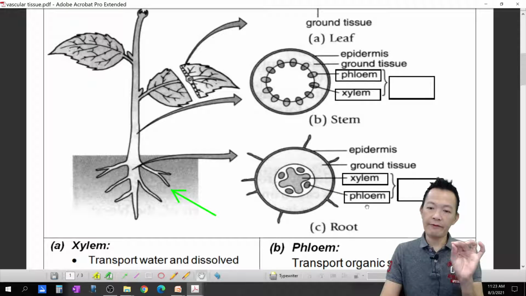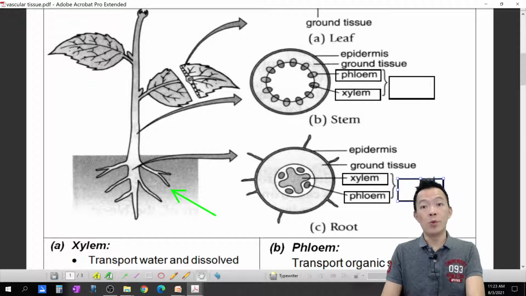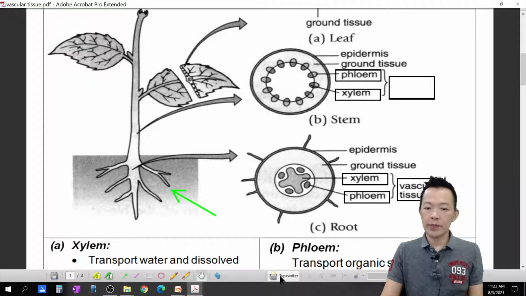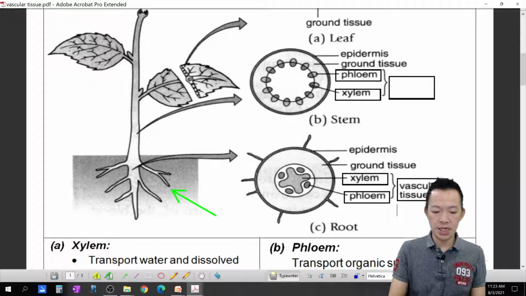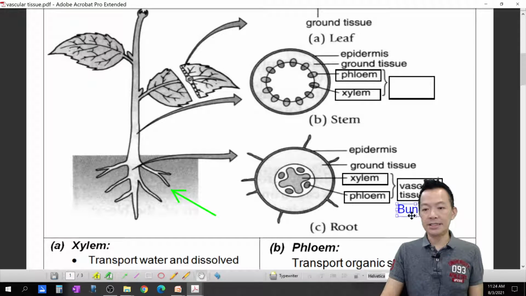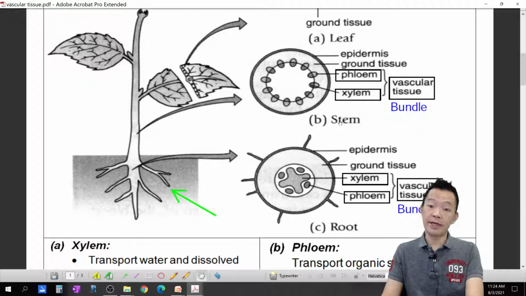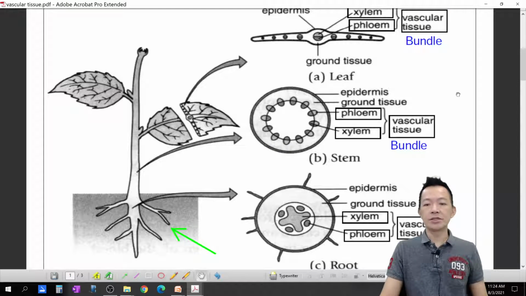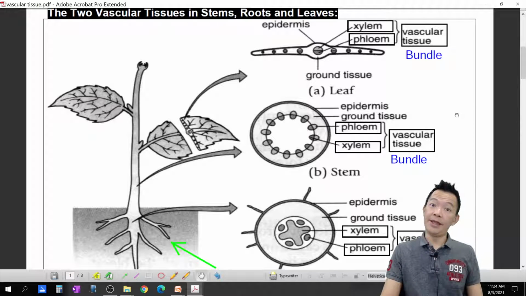So xylem tissue and phloem tissue, we call them vascular tissue, or we normally call vascular bundle. Vascular bundle has the same meaning. Vascular tissue refers to the two types, while vascular bundle is the whole group together.